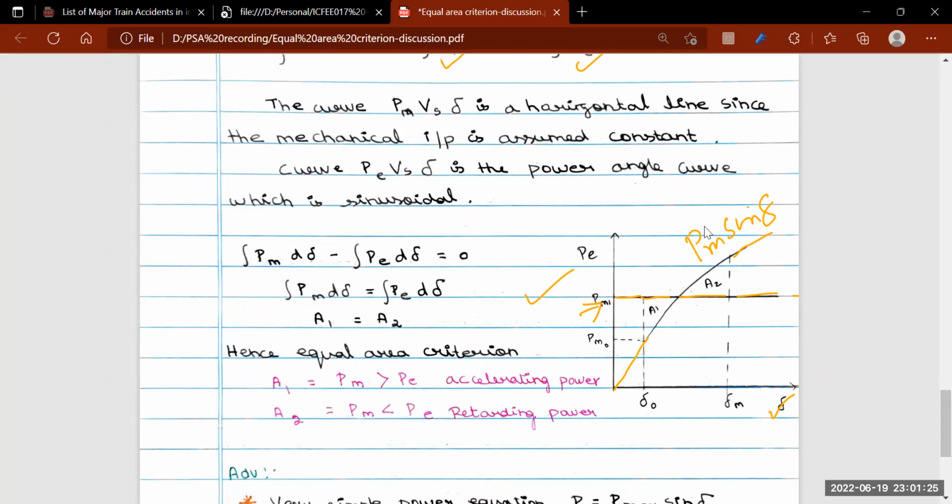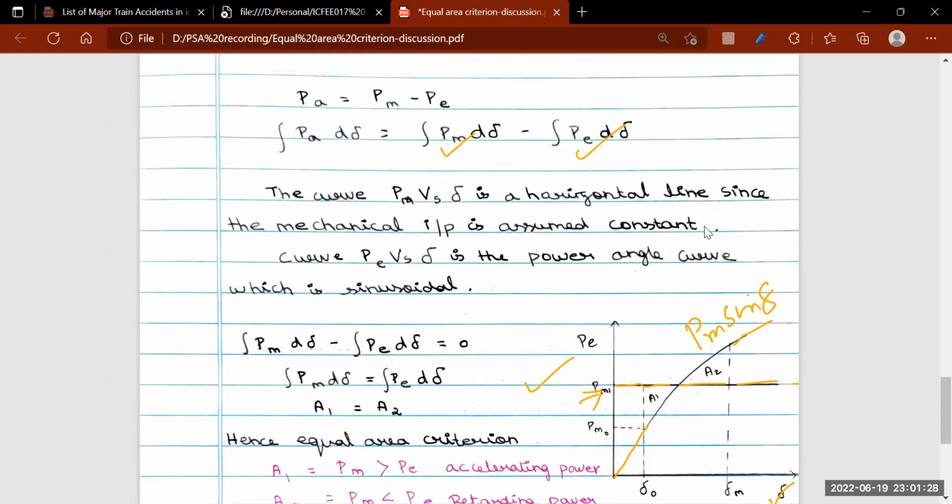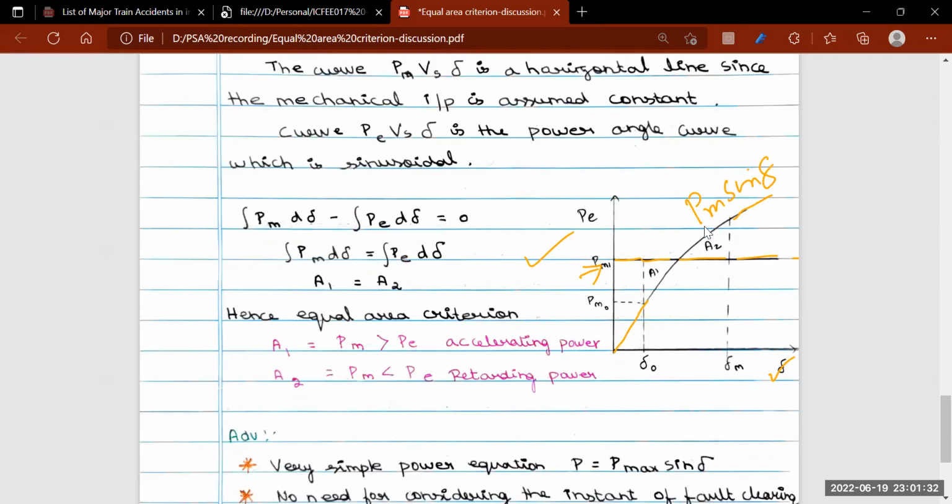Now this PM dδ is the area under the curve between the line PM and δ naught to δ M. So this is the area representing PM dδ.